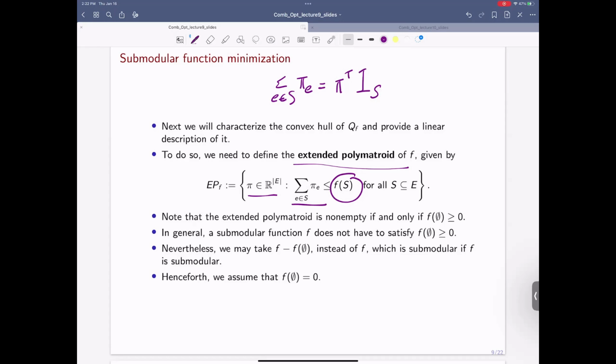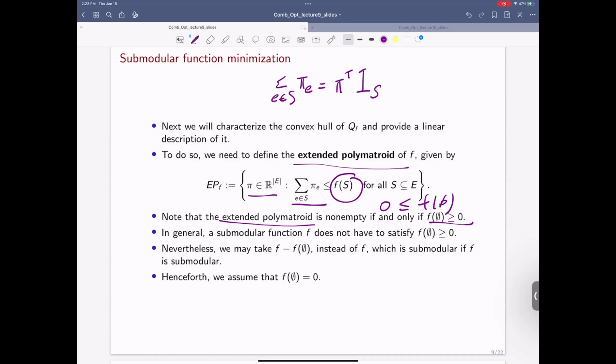Now, if you take the empty set for S, the corresponding inequality is 0 at most f of the empty set. You can argue, this is not too obvious, that the extended polymatroid is non-empty if and only if the function value of the empty set is non-negative.